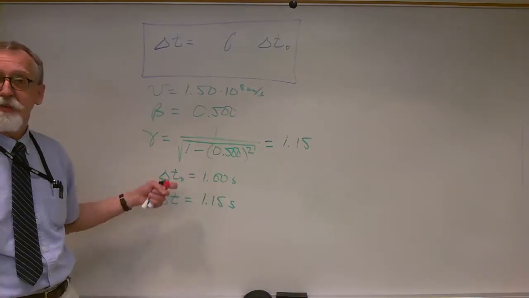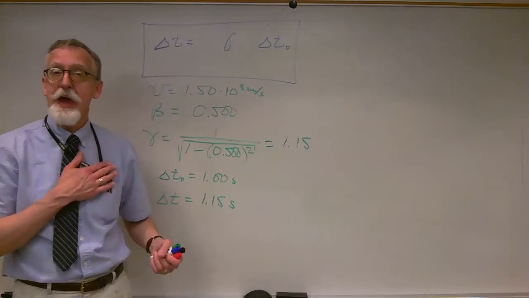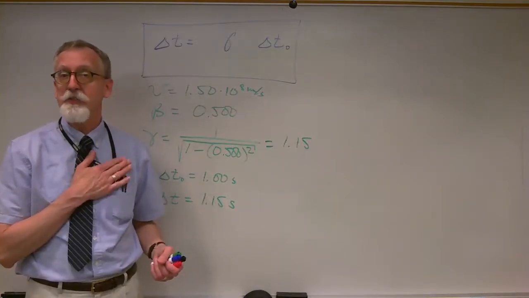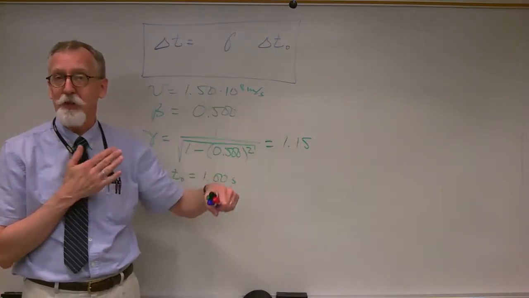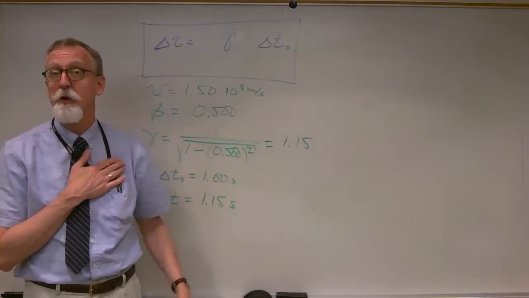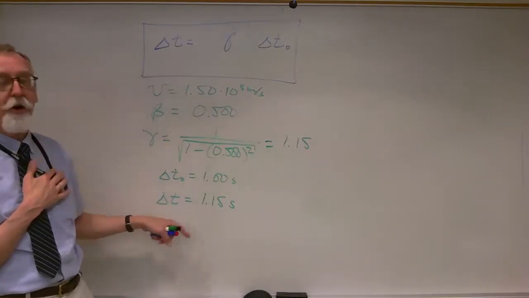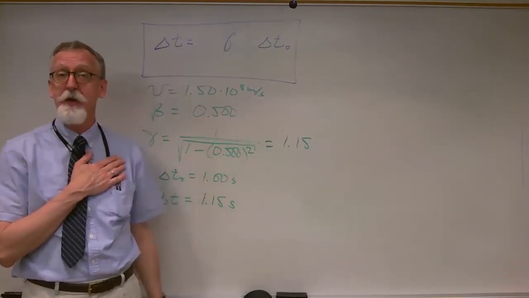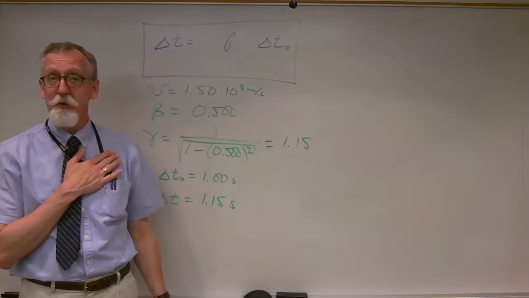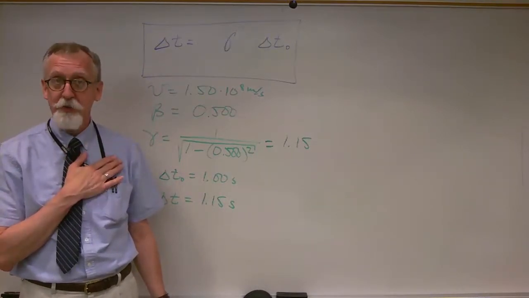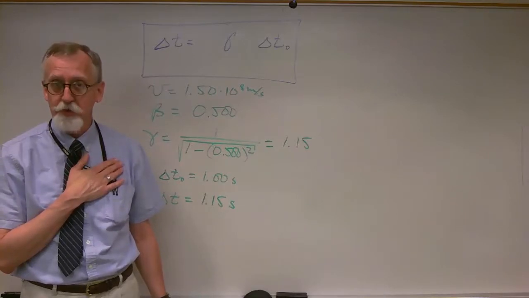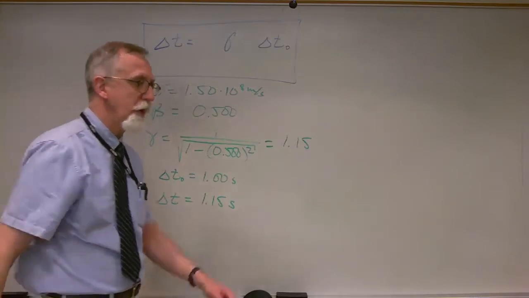Well, let's imagine that the astronaut's heart is beating once a second, just like the clock. So every time the clock ticks, the astronaut's heart beats. Well, the observer on the Earth will look at the astronaut and it will appear as though the astronaut's heart was beating more slowly. Maybe the astronaut is walking.